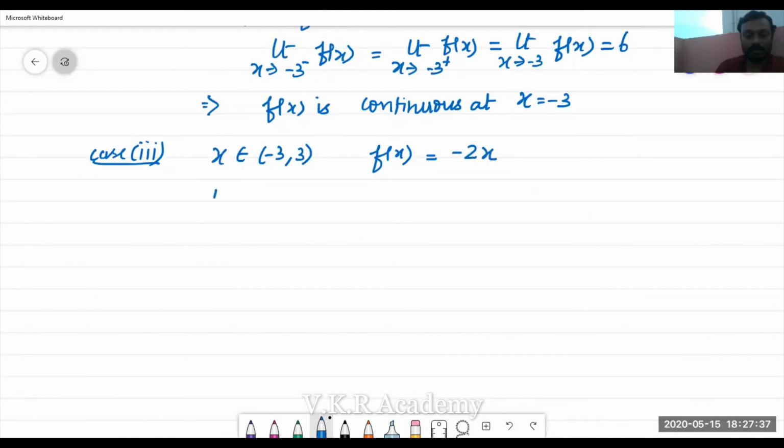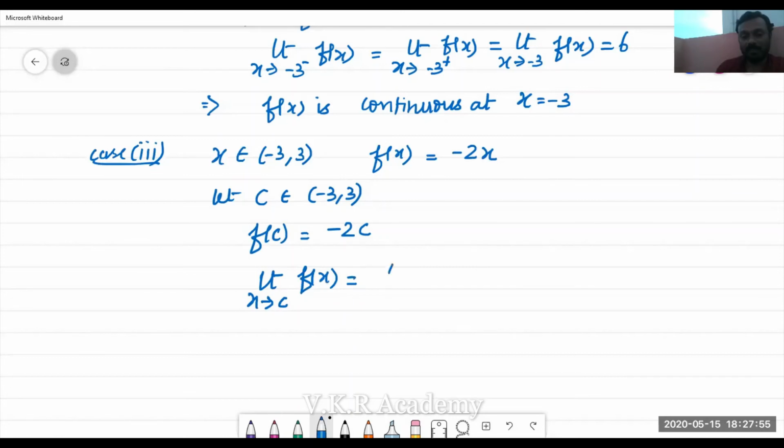Let c be a point in minus 3, 3, then f of c is minus 2c. Also, limit x tends to c, f of x is equal to limit x tends to c of minus 2x, that is equal to minus 2c.